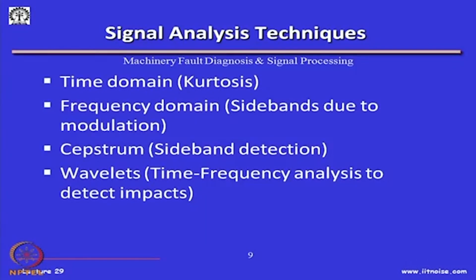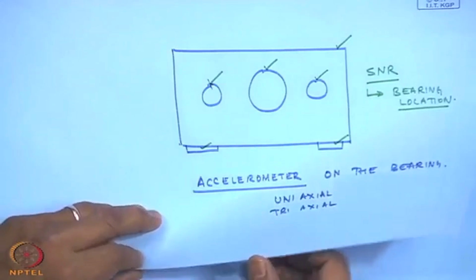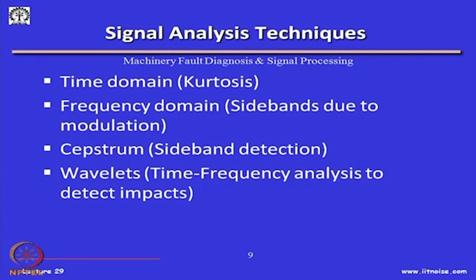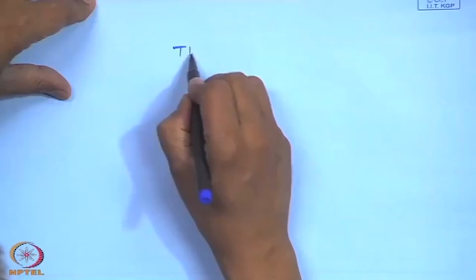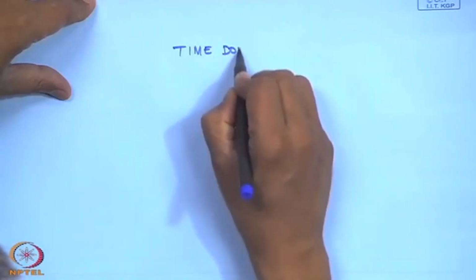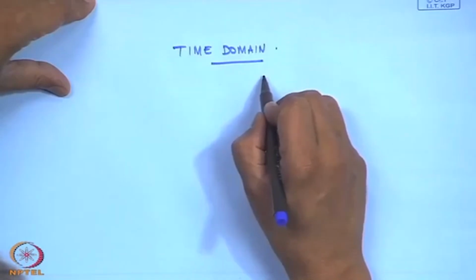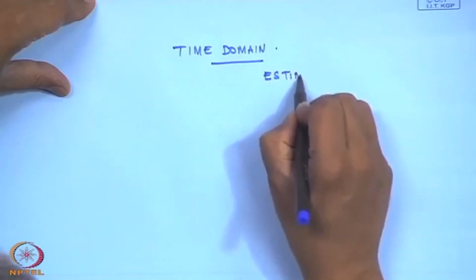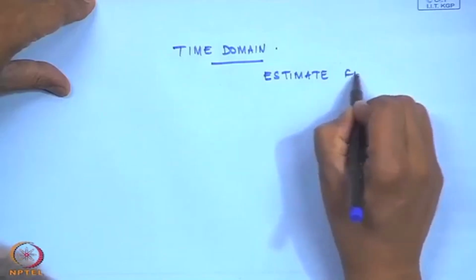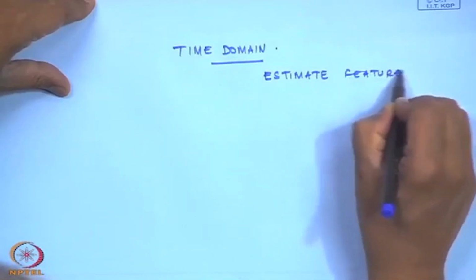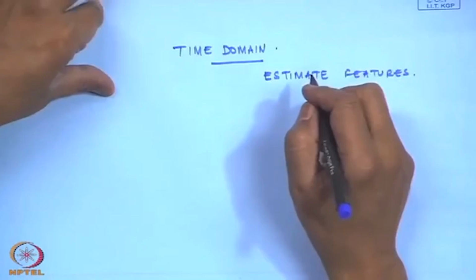Now, once this vibration from the gearbox has been captured, we can do what is known as signal analysis, and signal analysis can be done in many types. Of course, the very basic signal analysis is the time domain. In time domain, we can estimate the features, and there are many features we can estimate from the gearbox time domain signals.